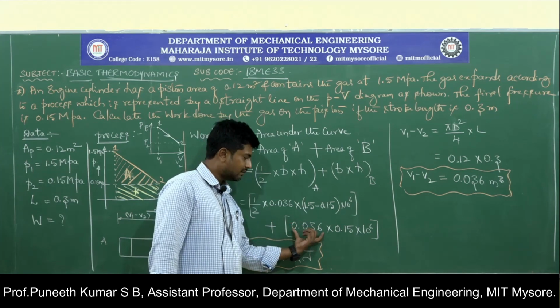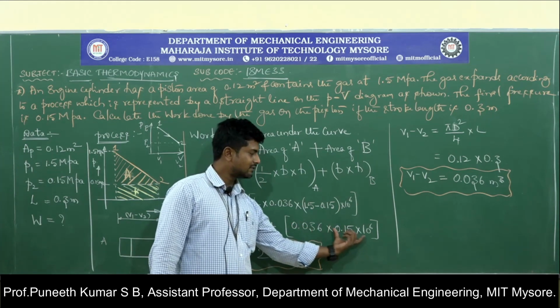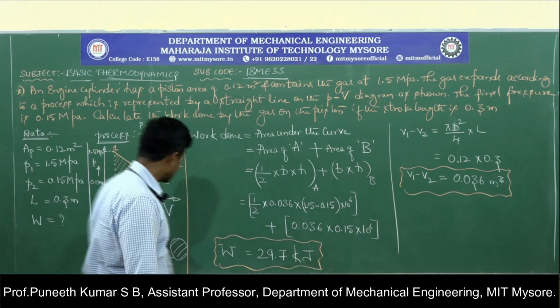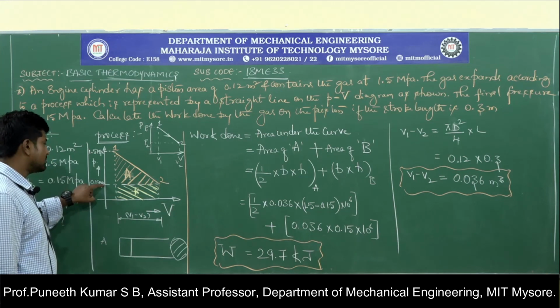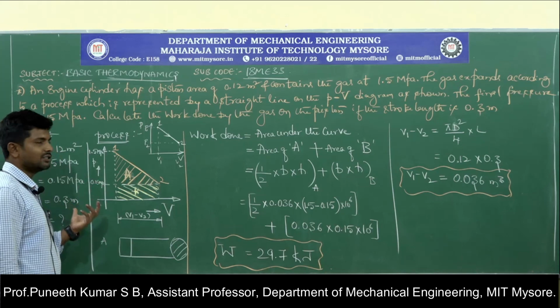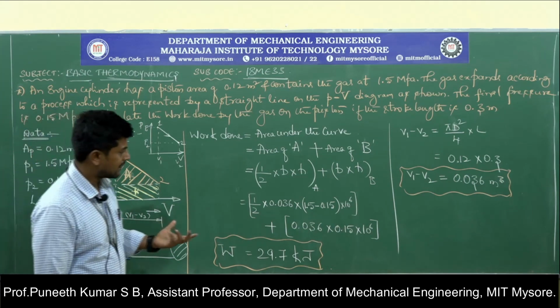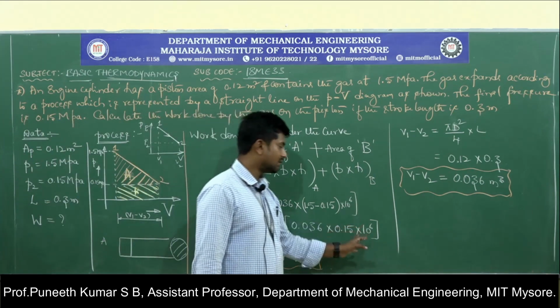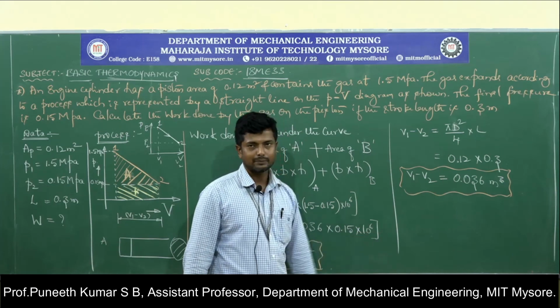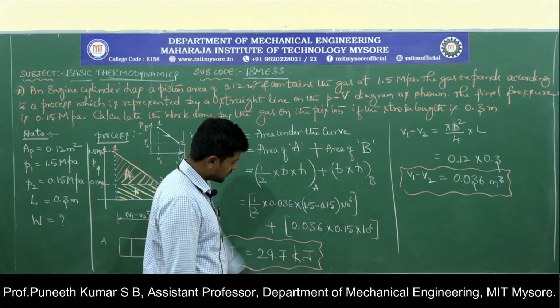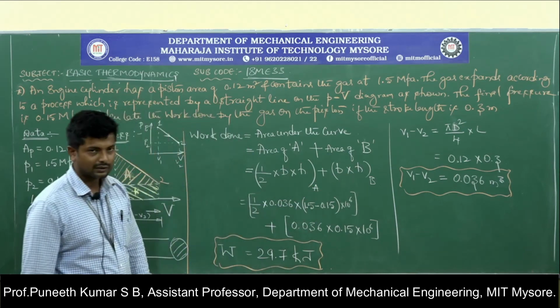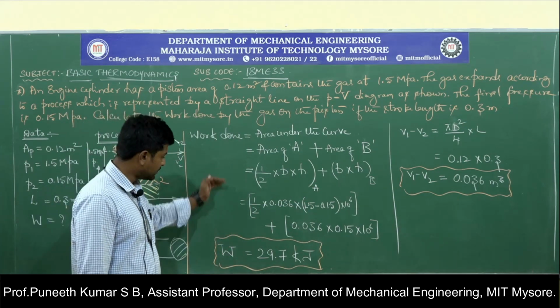This will be the width of the rectangle, and this will be the height of the rectangle. Let me say this is 0 pressure and this is 0.15 megapascal. The difference is just 0.15 megapascal, and megapascal is converted to pascal by multiplying by 10 to the power of 6. Summing these two values, I will get the value of the work.